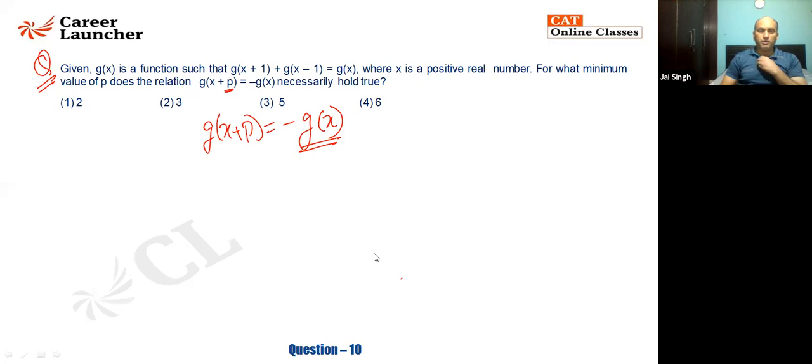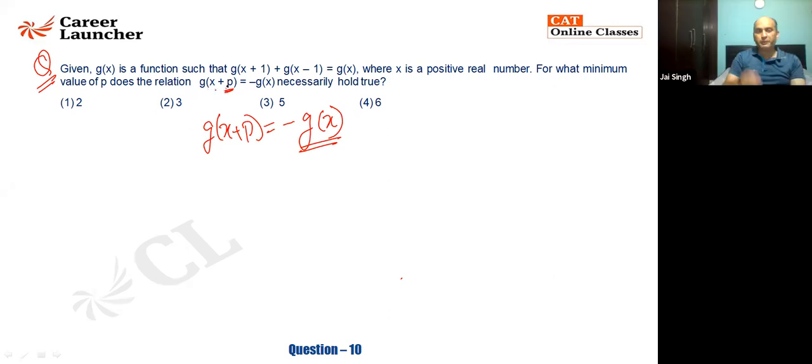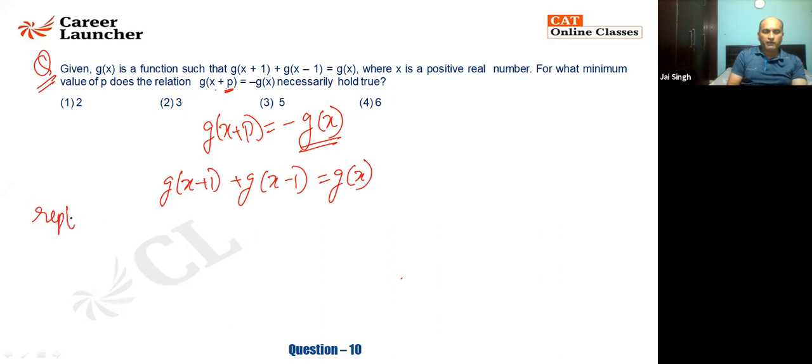So here I go. In this question, how can I get my answer? The first thing it is asking you: x plus p means you go ahead. It is given g of x plus 1 plus g of x minus 1 is equal to gx. Now what you will do is you will replace x by x plus 1.